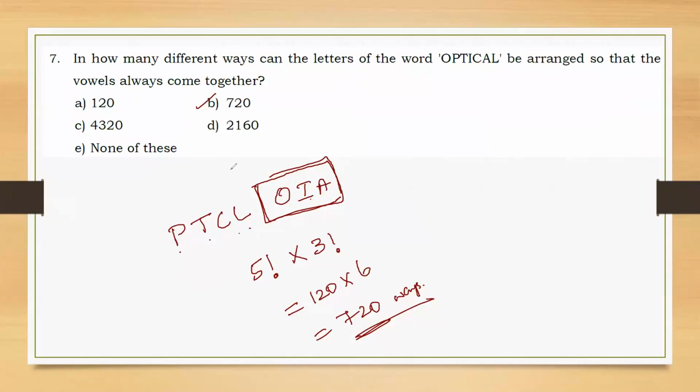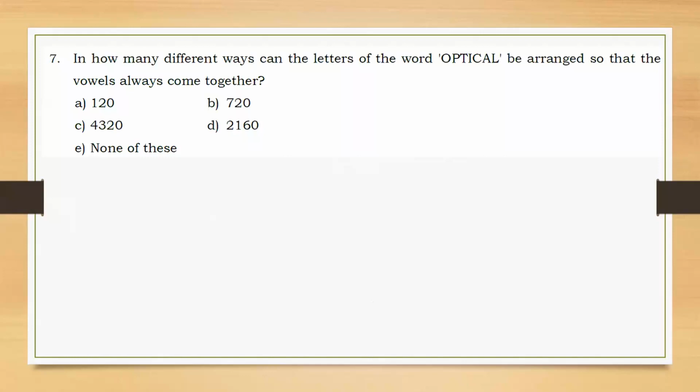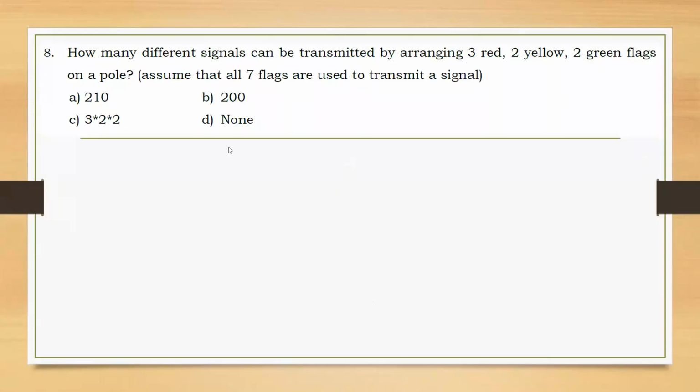Okay. So 8th one. Read the question here. Assume that all the 7 flags are used to transmit a signal, but if you take red, all the red are similar. If you take yellow, both yellows are similar, same color, right?